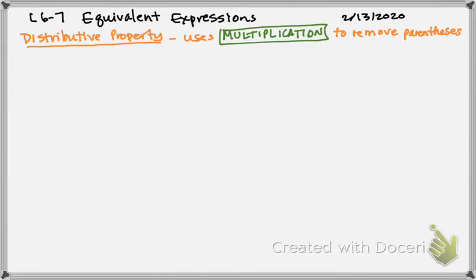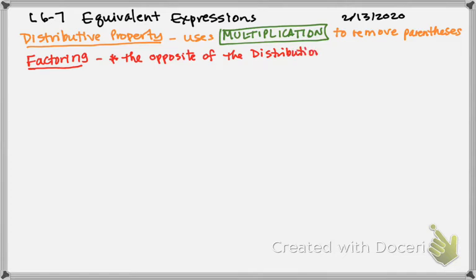Then we learned about factoring in the second set of notes on lesson 6-6, and some people refer to it as being the opposite of the distributive property. So if the distributive property's job is to use multiplication to remove parentheses, we're going to go the opposite direction, and do the opposite of multiplication, and use division.